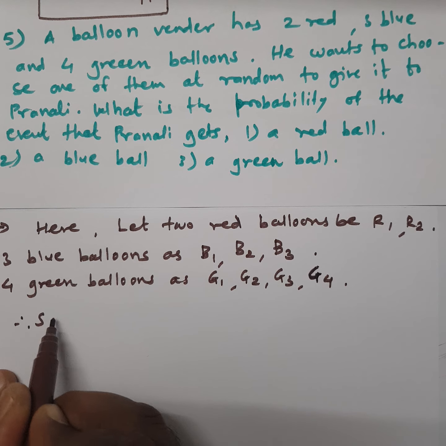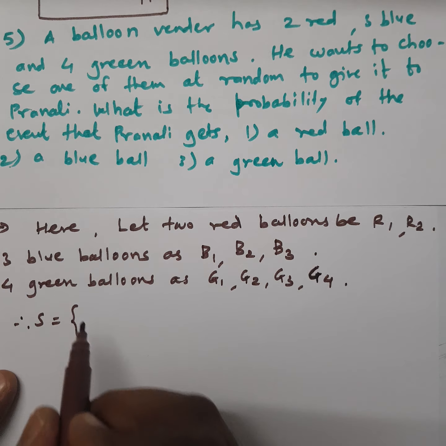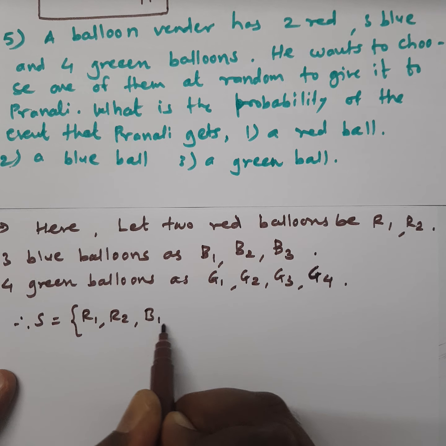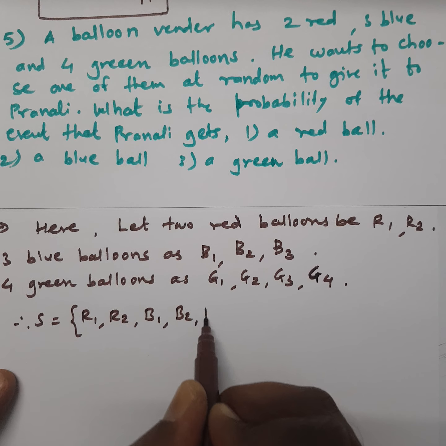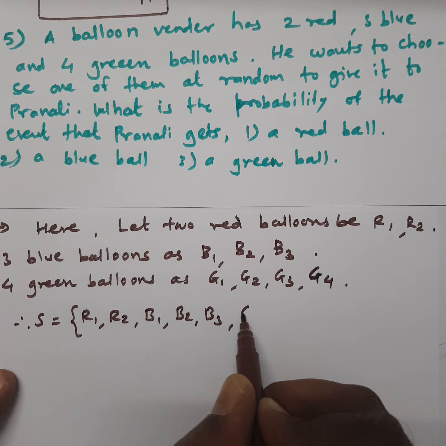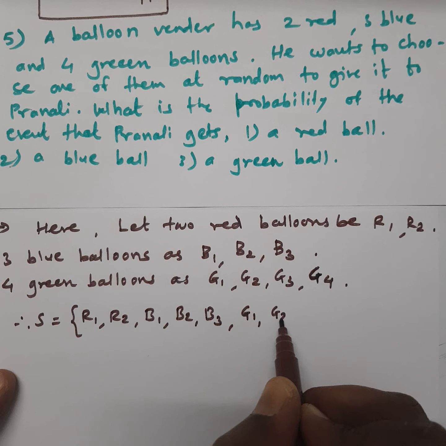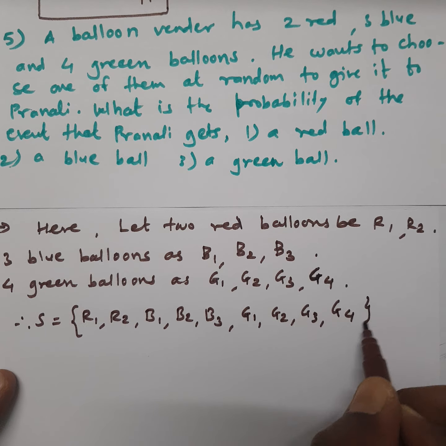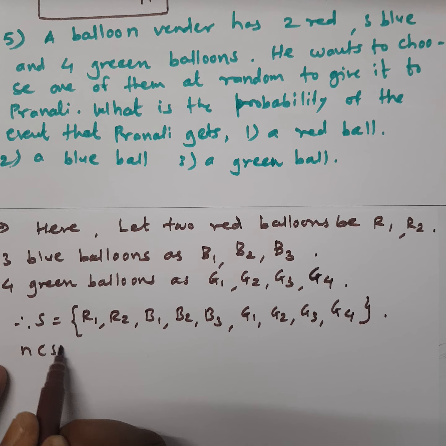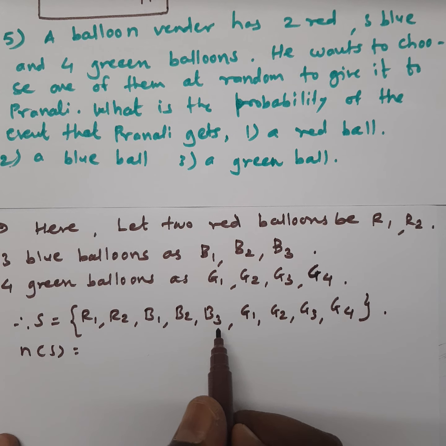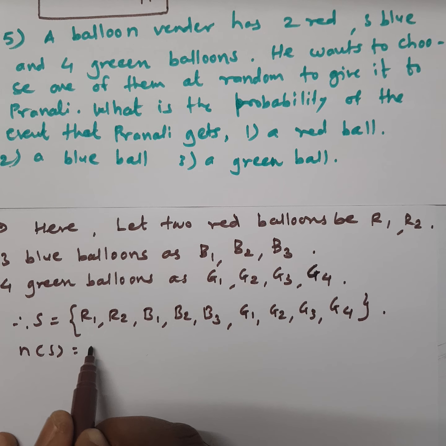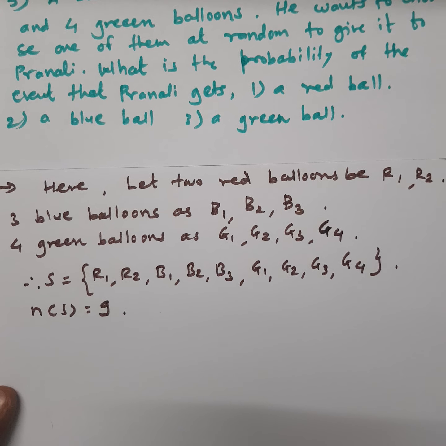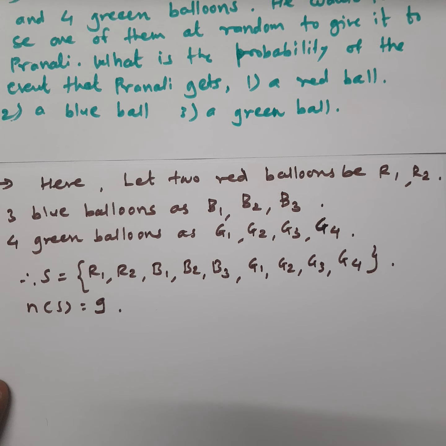Therefore, sample space S will be R1, R2, B1, B2, B3, G1, G2, G3, G4. And n(S) will be 2 plus 3, 5 plus 4, 9. Total there are 9 balloons. Therefore, n(S) is equal to 9.